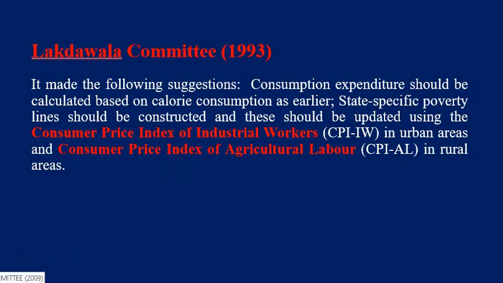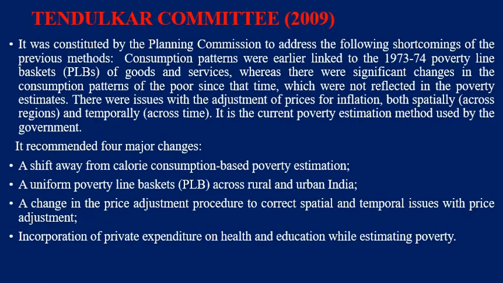The other one is the Tendulkar Committee. There were certain shortcomings in the previous method, the 1973-74 poverty line basket of goods and services. Some changes were required, and based on that, they recommended some important changes.